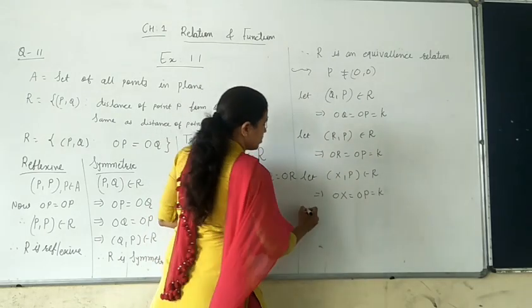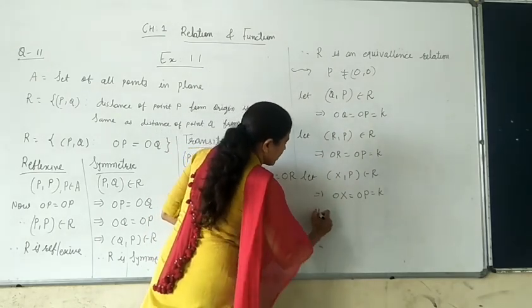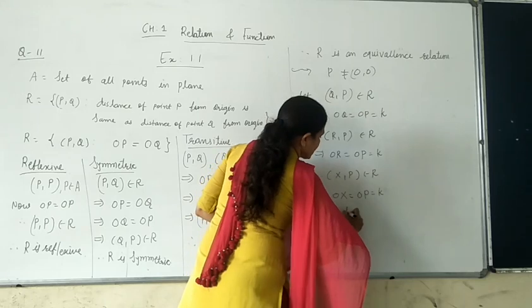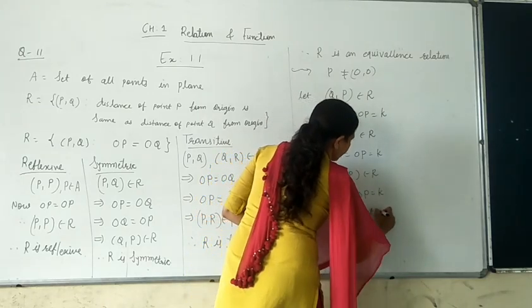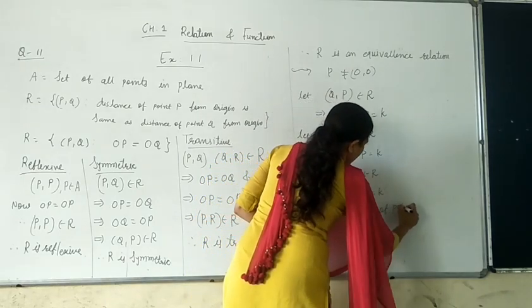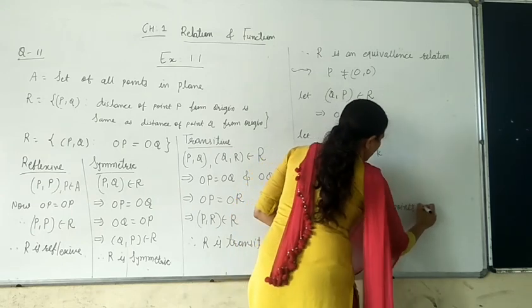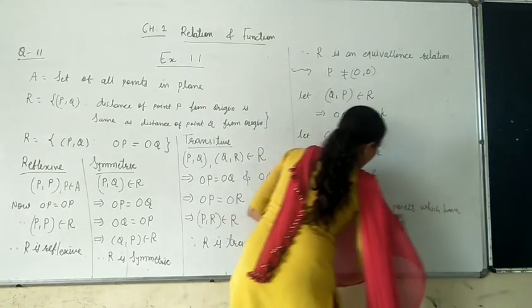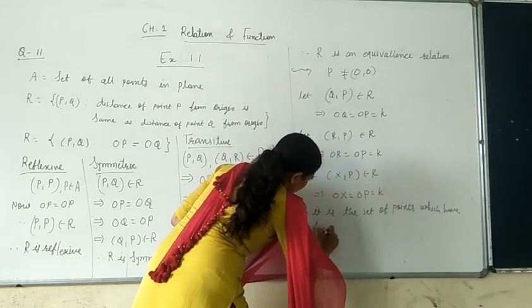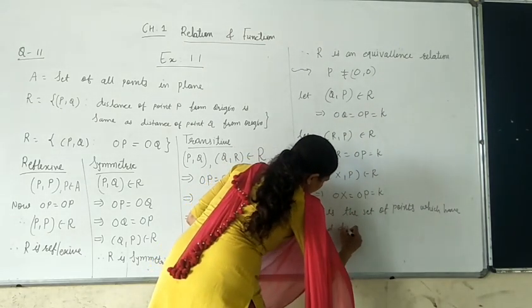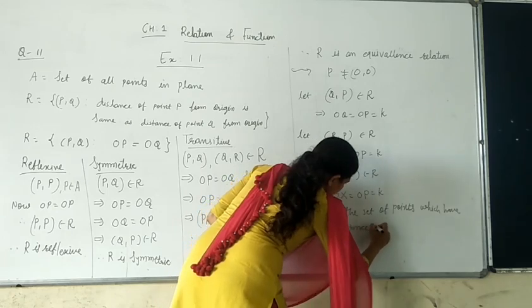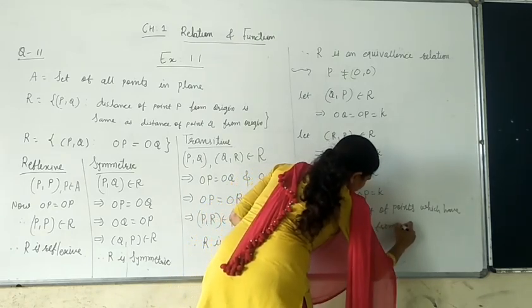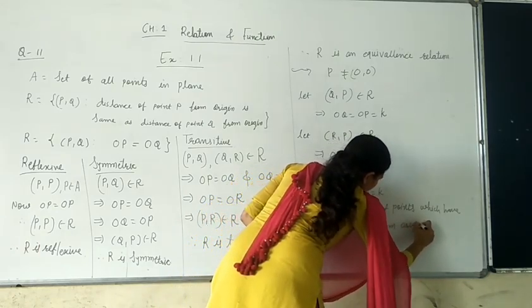So therefore it is the set of points which have a fixed distance from the origin.